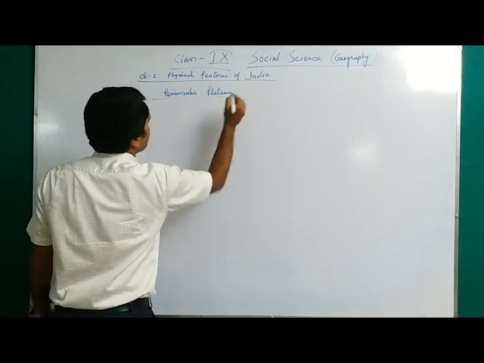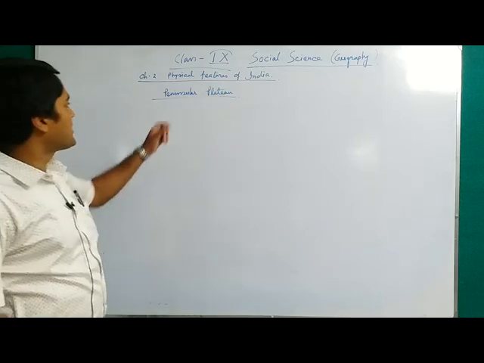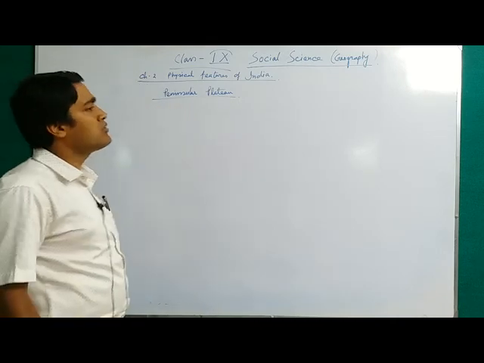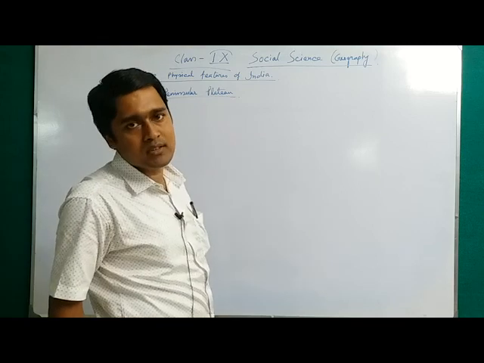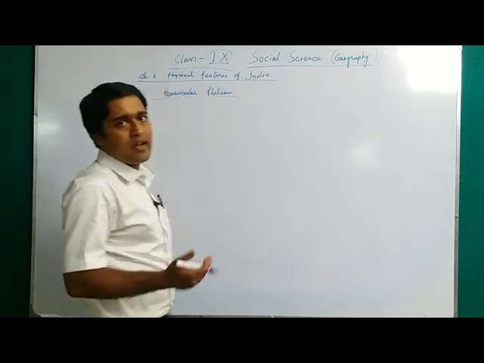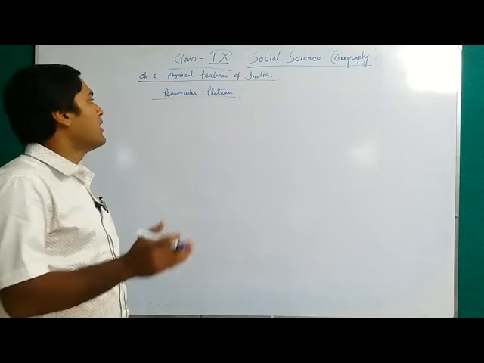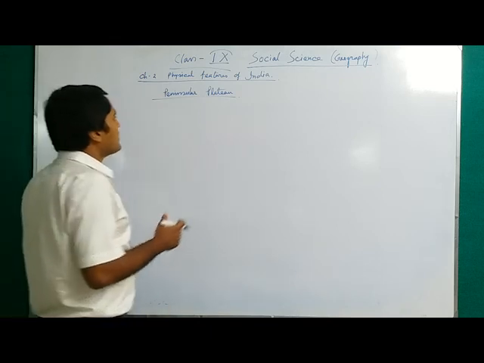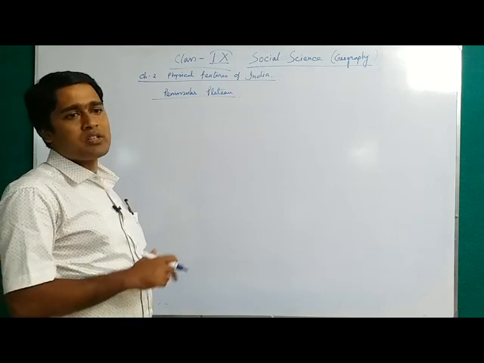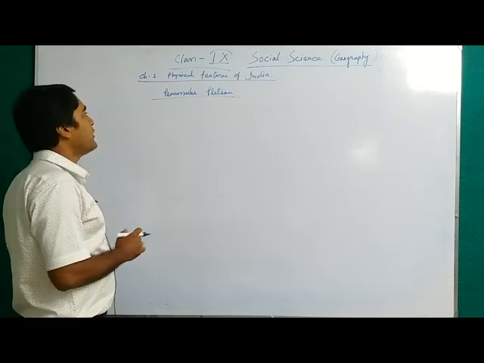From the term peninsular, what is the definition of peninsular? Peninsular means a triangular landmass which is surrounded by water on three sides and by land on one side. That means a triangular landmass, three sides bounded by water, one side bounded by land. This is peninsular.